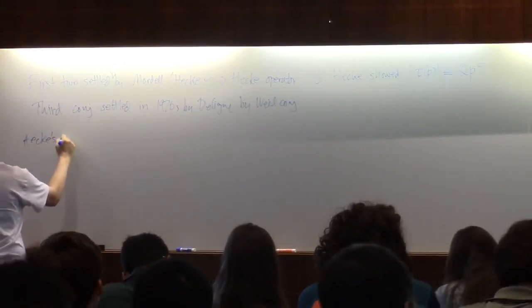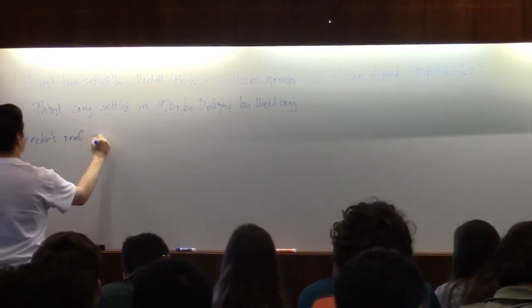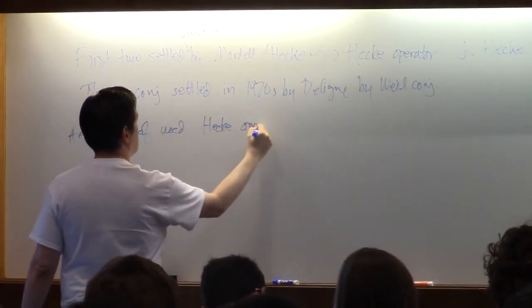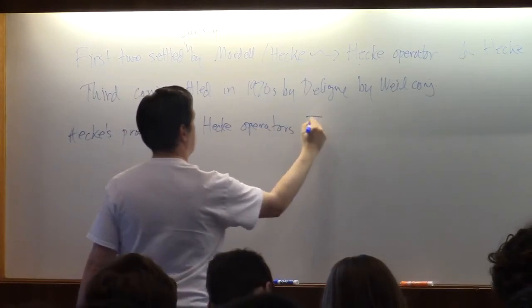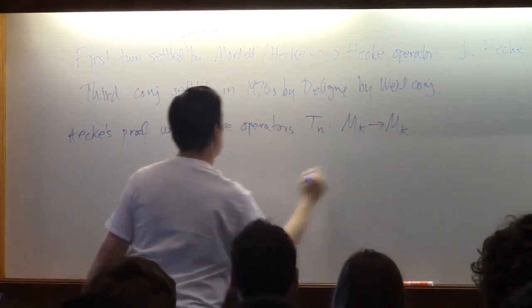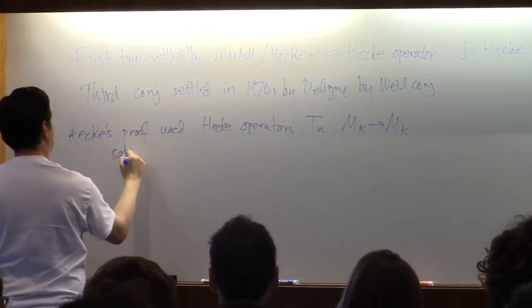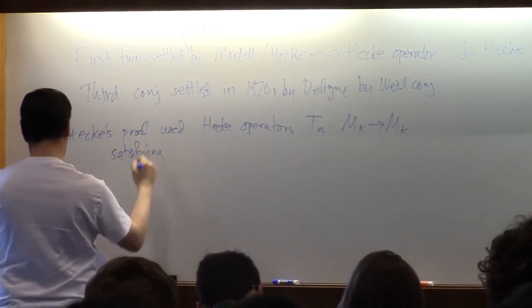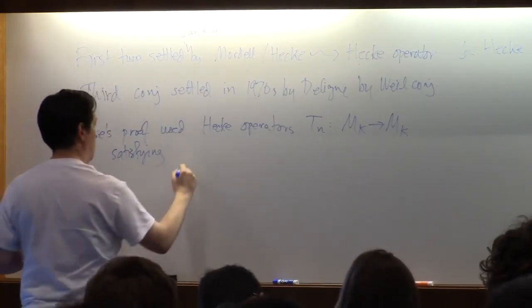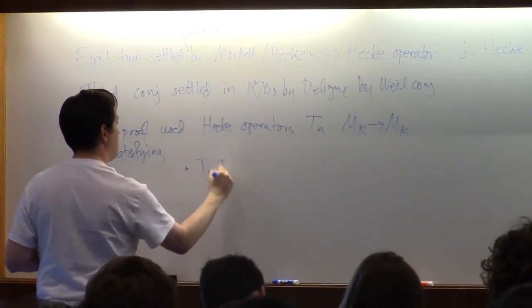So Hecke's proof actually introduced a bunch of linear transformations called Hecke operators, Tn, from modular forms to modular forms of the same weight, satisfying a couple of properties. For example, they commute.